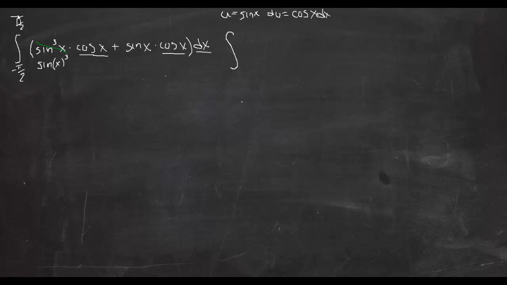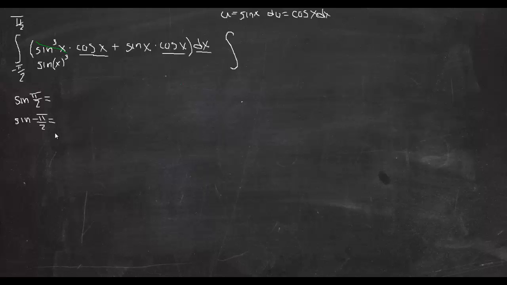Before we do that, let's find our new intervals. We're always going to use our u term, so we're going to say sine of x in place of the x. We put our upper term, pi over 2, and then negative pi over 2.